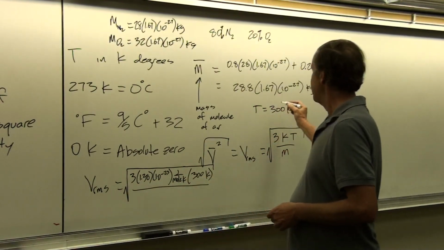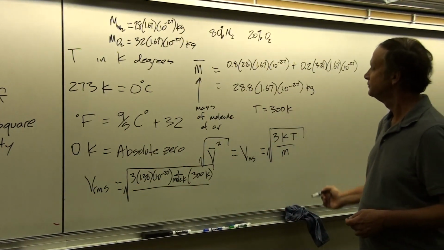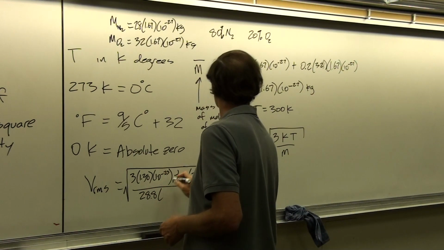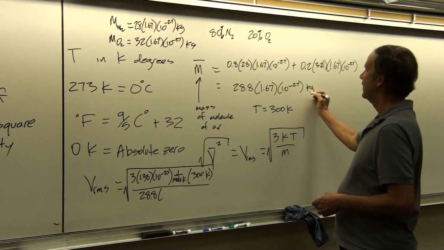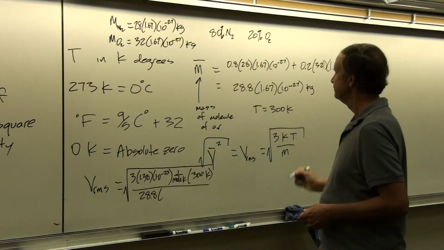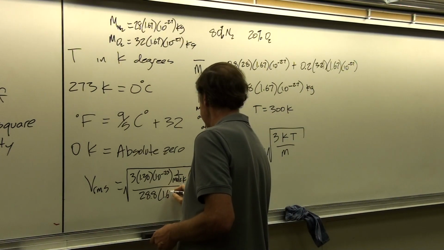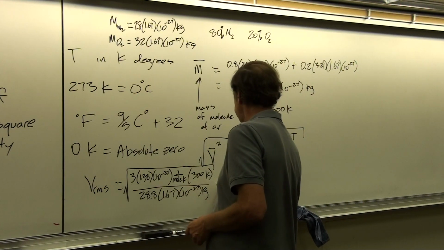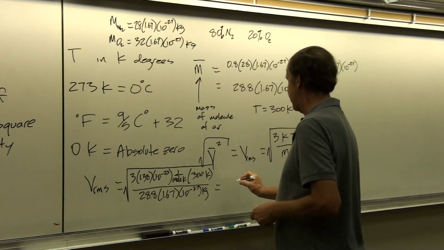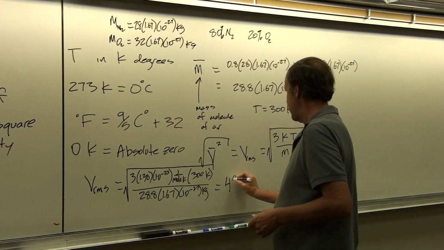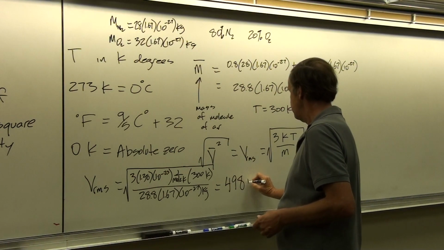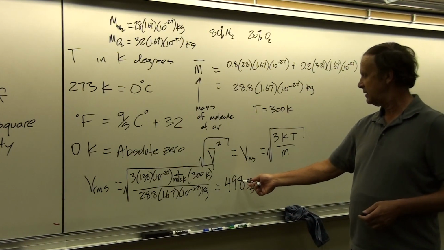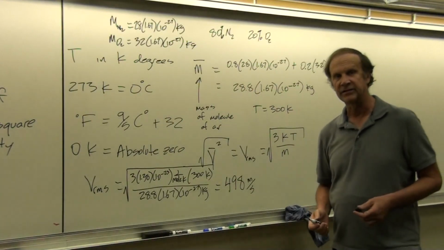And then we'll divide that by the average mass of an air molecule in kilograms, 28.8 times, this is the mass of a single proton or a neutron, roughly speaking, 1.67 times 10 to the minus 27 kilograms. And that gives us a value of about 498 meters per second. Okay, so roughly double that is the number of miles per hour.